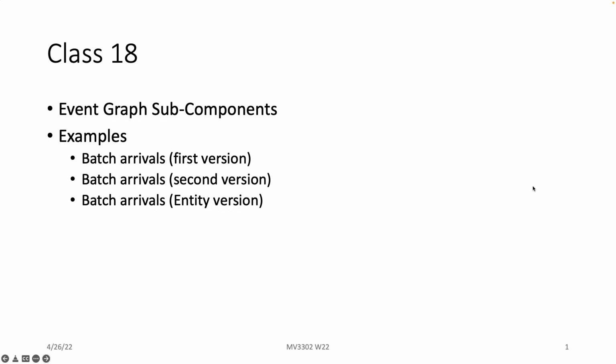Okay, so I'm going to look at 3 variants of how to model that in a different way by reusing our simple server component, in at least 2 of them, and one for the situation where we have entities.